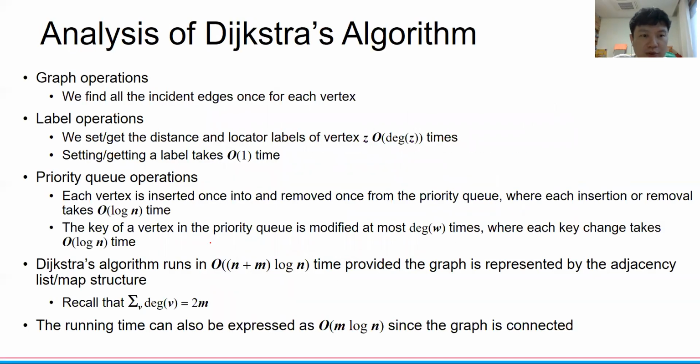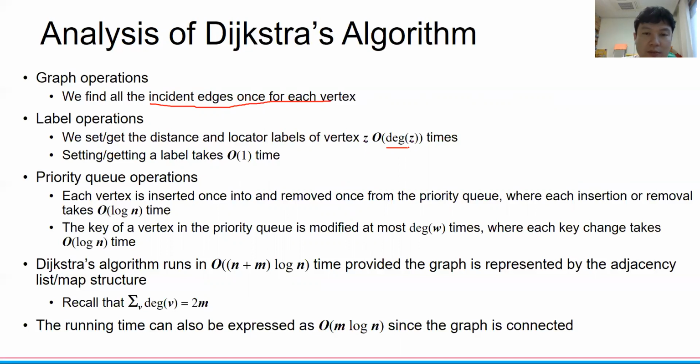So in the Dijkstra algorithm, actually it is a graph operation, and we want to find all the incident edges for each vertex. And the label operation sets the distance and locator label of vertex Z. Okay, and yeah, we want to find the time complexity.